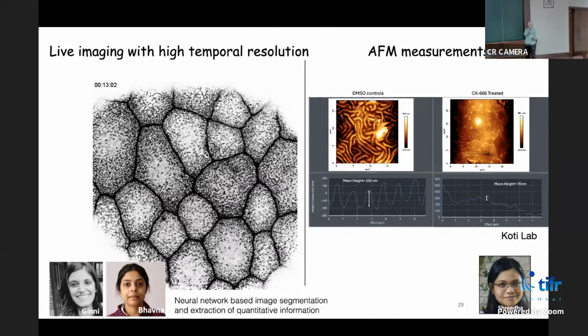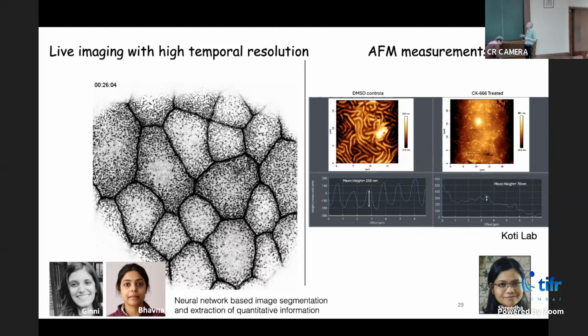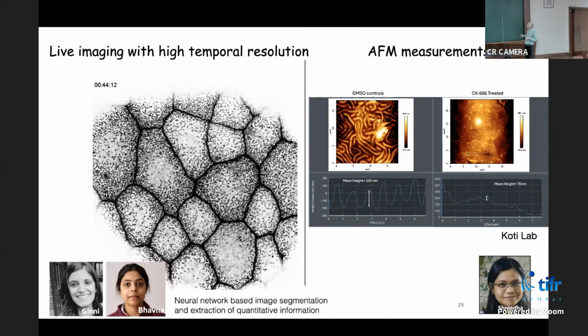Of course, we knew this from the electron microscopy studies, but those are quite cumbersome techniques. And Koti has a relatively easier way to look at this. Of course, there were teething issues, which Koti and Satya, who is also in the audience, sorted out. And now this gives us the additional parameter.